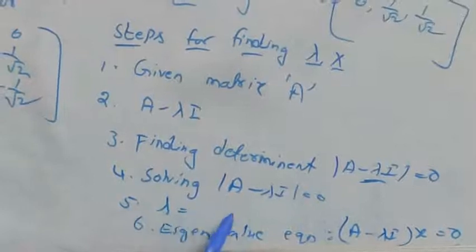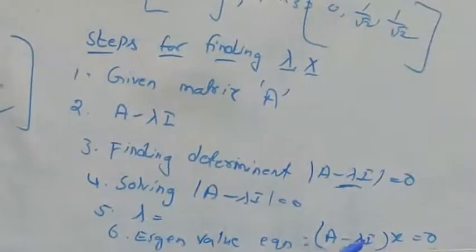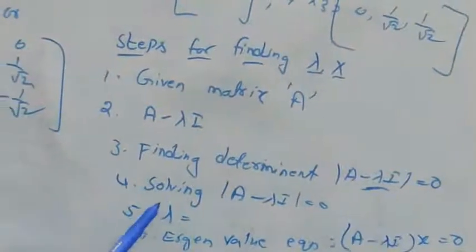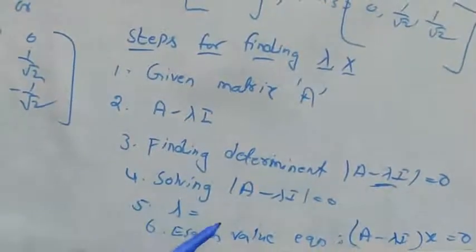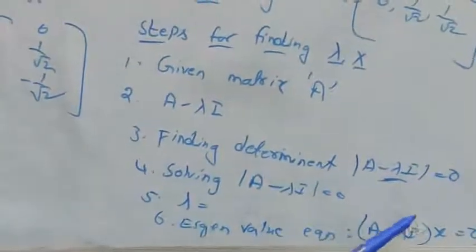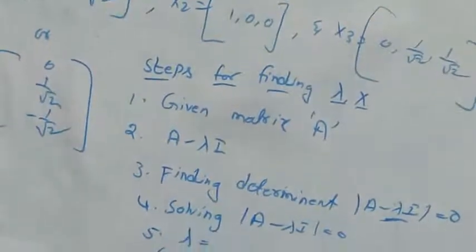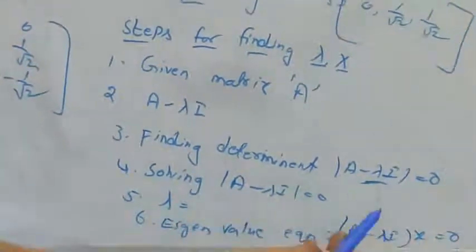If you get 2 lambda values, you will get 2 cases. So depending on the eigenvalues, the eigenvectors will be possible. In the solved case, we have 3 eigenvalues, so you will get 3 eigenvectors.